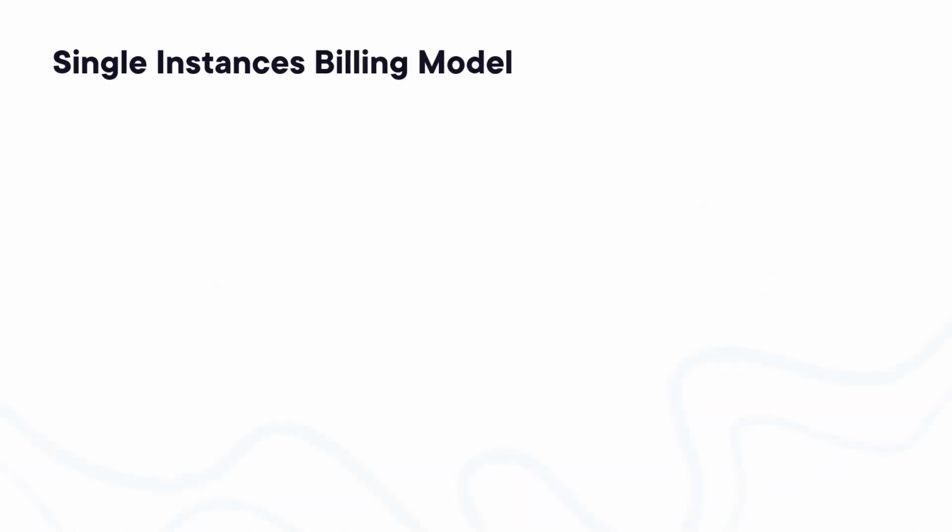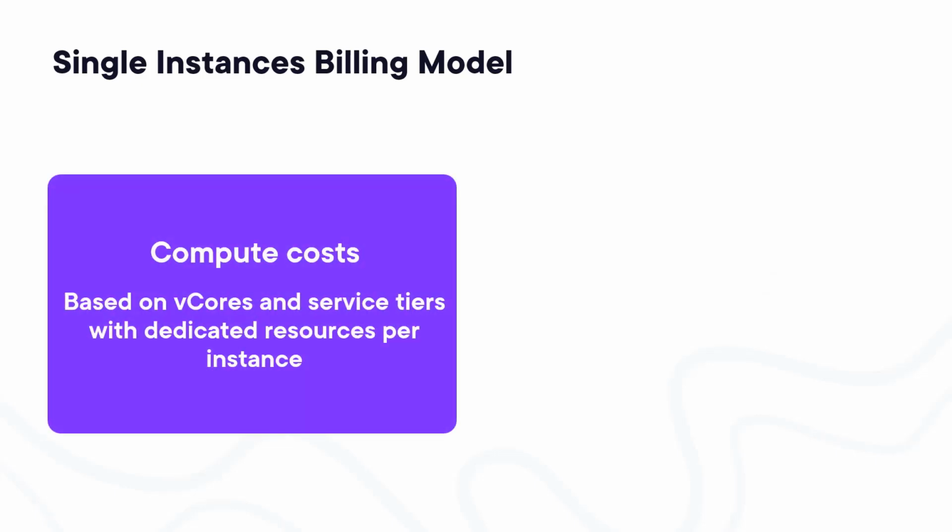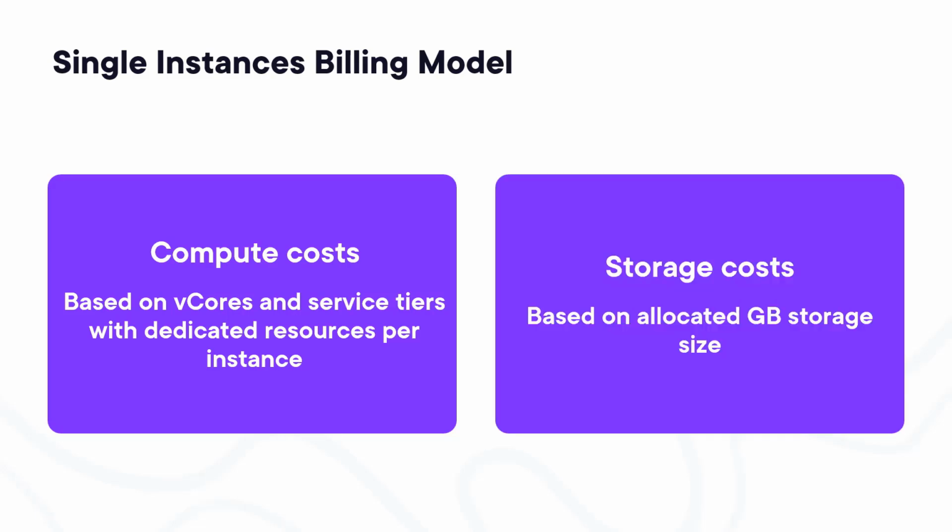The billing model for a single instance includes compute costs based on virtual cores and service tiers, which we will explore shortly. Another important factor is the storage costs, which are calculated based on allocated gigabytes of storage size. It's important to note that the total price is the sum of the compute costs plus the storage costs.